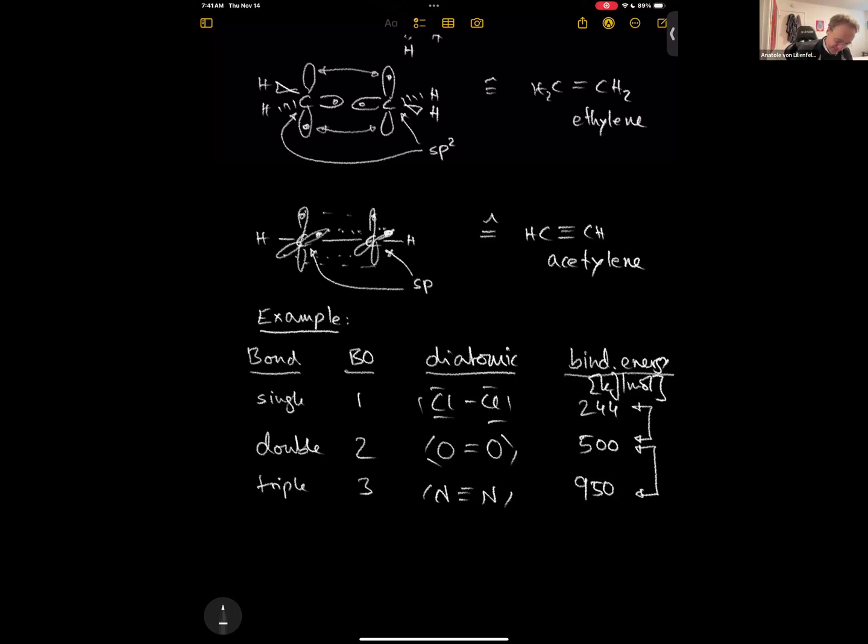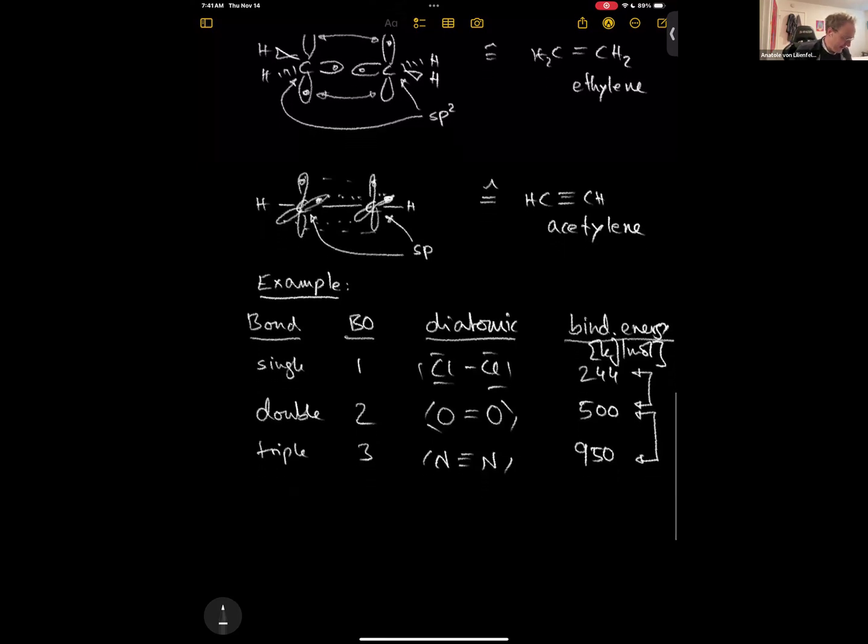So this is very difficult to predict by intuition accurately. But in terms of trends, it's quite easy.